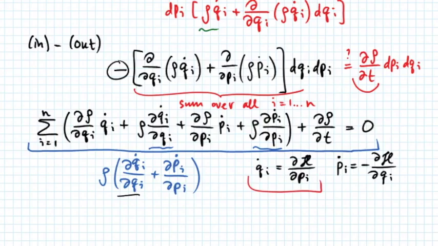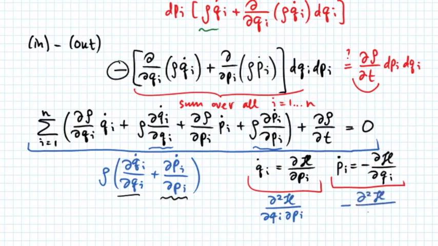We're going to get a mixed derivative of the Hamiltonian with respect to coordinate q_i and momentum p_i. And likewise, for the second term, differentiating the second equation, we're going to get the same mixed derivative, now with the minus sign, so minus the mixed derivative of the Hamiltonian with respect to q_i and p_i. So in fact, this term here is 0 due to Hamilton's equations.